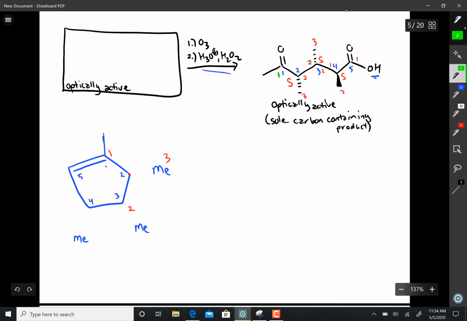One, 2, 3. 1, 2, 3. Those are the same priorities. And I know it has to be an S. So 1, 2, 3. In order for that to be an S, your thumb needs to be going inside, going towards the screen, or straight down. That means that methyl group then is a wedge.